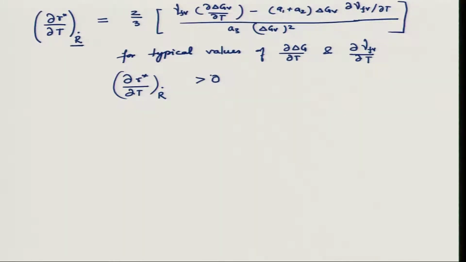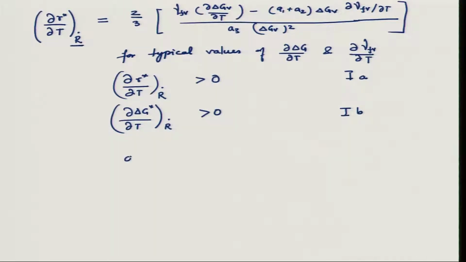Okay. Similarly, if we calculate this delta G star, which was the energy barrier for a nucleus to be stable, with respect to temperature, and again this is at constant deposition rate, this will be greater than 0. Okay. So, let us call it 1A and 1B. Now, we can carry out the same exercise at a constant temperature, but differentiation with respect to deposition rate.